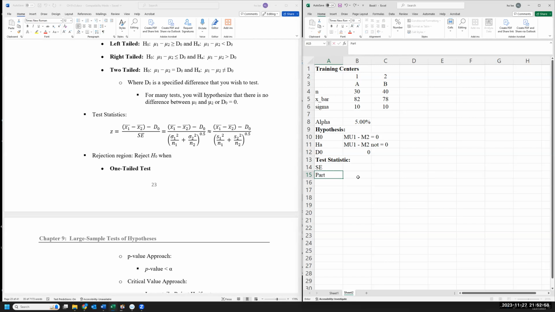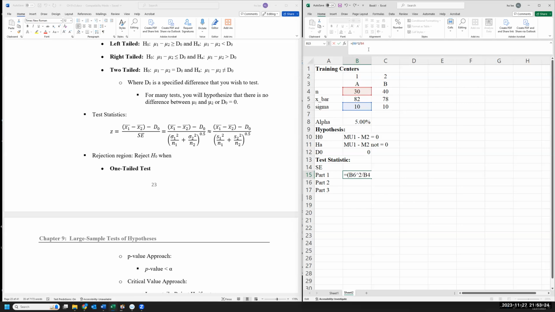I'll do it in 3 parts again, but you could do it in 2 parts or 1 part, or just do it all in one cell, whatever's easiest for you. Part 1 is the variance, sigma squared, divided by n1.